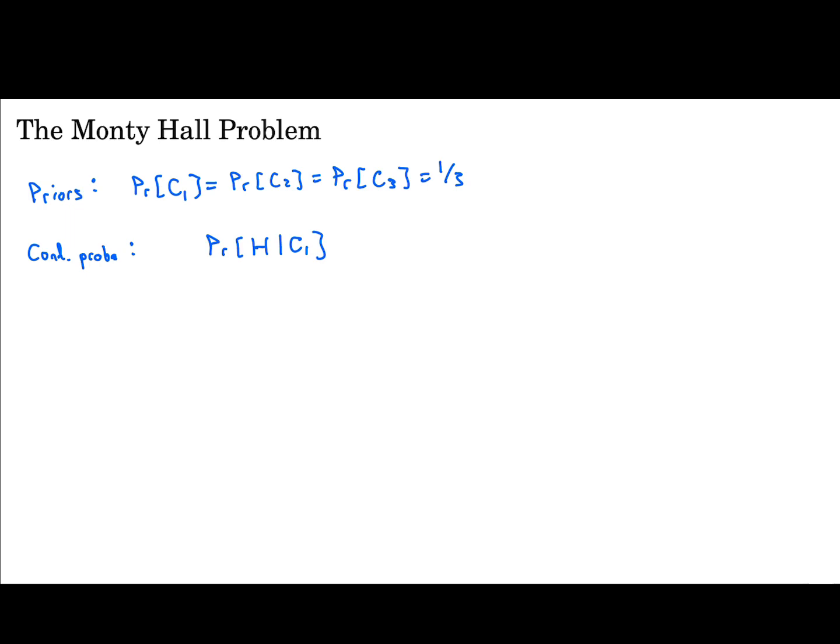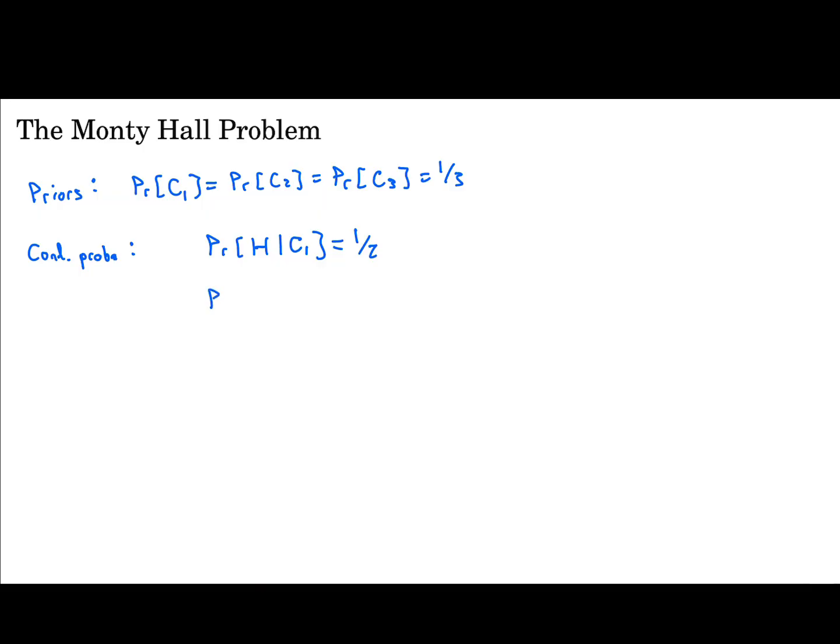So if the car is in door 1, then that means that there are 2 goats in door 2 and door 3, and so he could open any of them. And so we're going to give a half chance of him opening any one of those 2 doors, right?